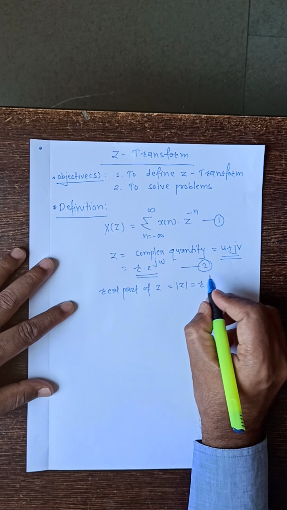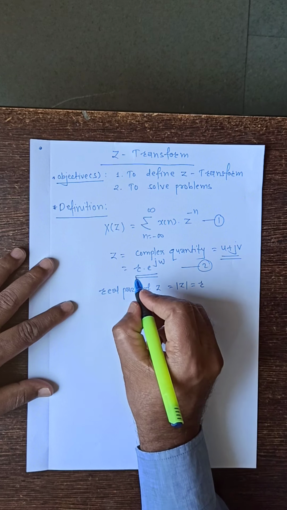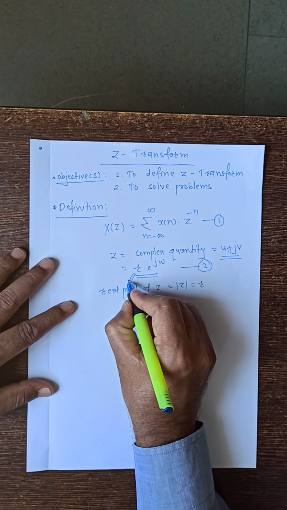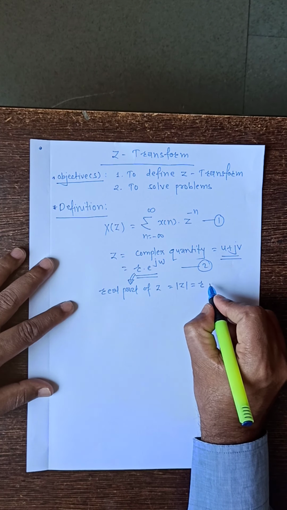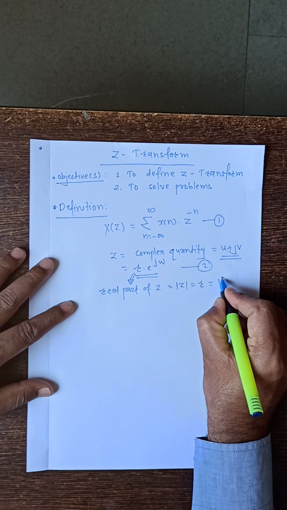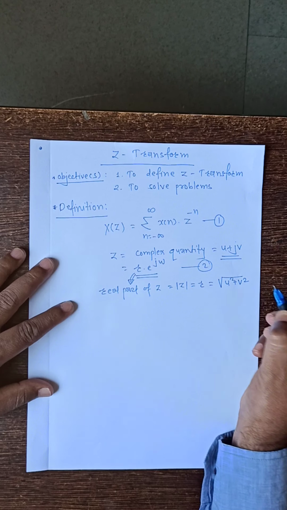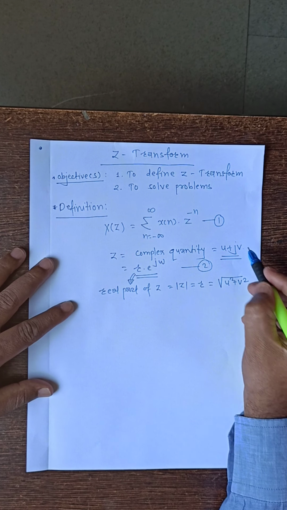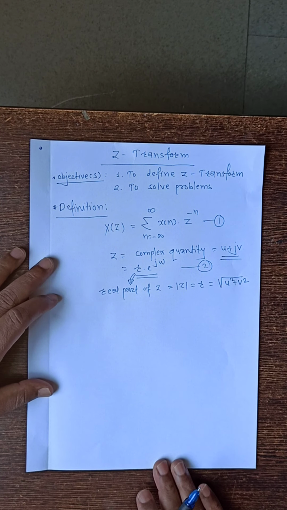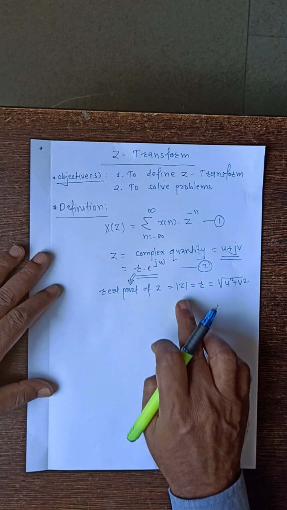So r equals the square root of real part square plus imaginary part square, that is u square plus v square, which is the magnitude of z.